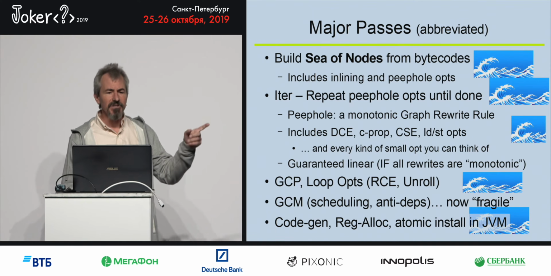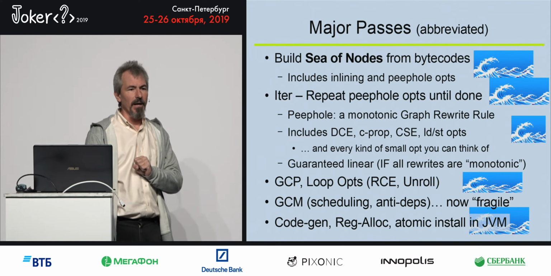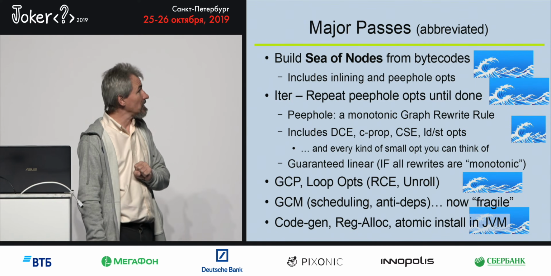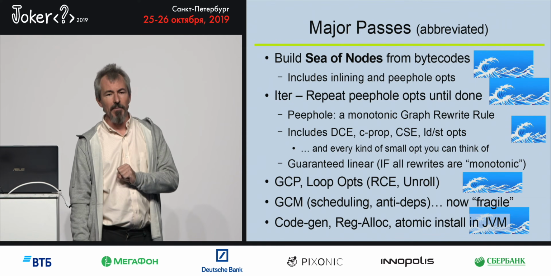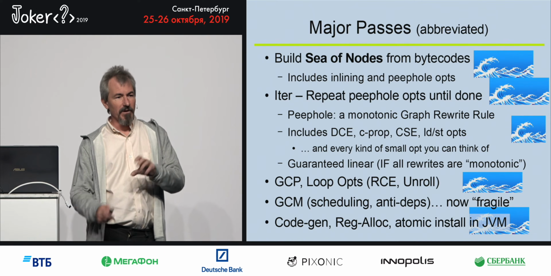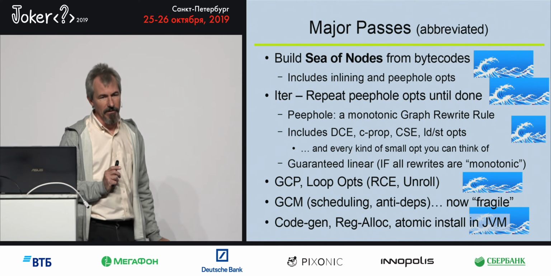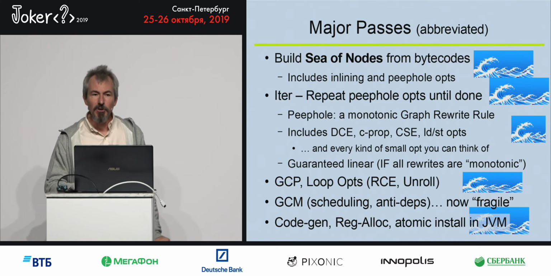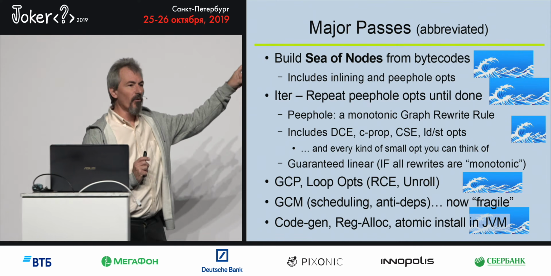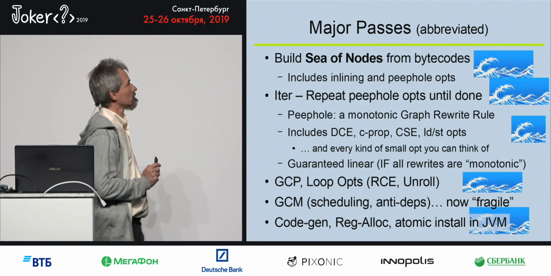There are hundreds and hundreds of optimizations done by the peepholes, and that is actually the main optimizations that come out of the compiler. Sort of the classic, you think of optimization, iter and peepholes do almost all the heavy lifting. With the exception of loops, your performance comes from iter.